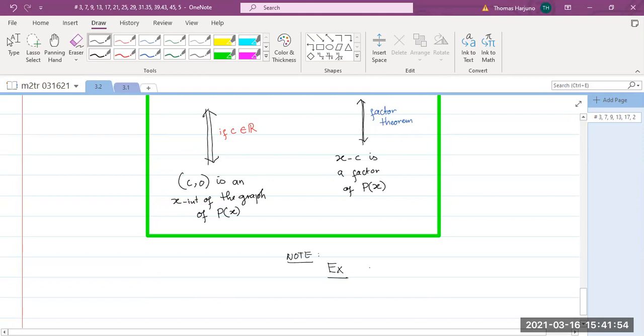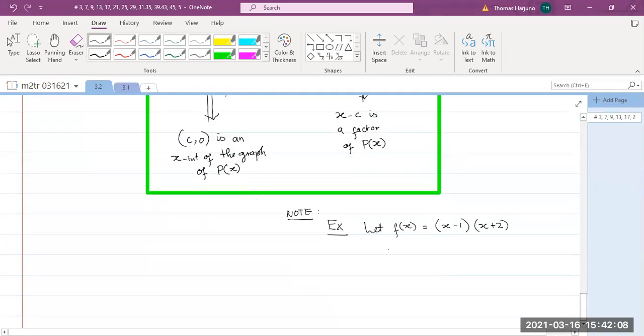Let f(x) equal (x minus 1)(x plus 2). Now, to find the x-intercept, notice we always do it this way: we set f(x) equal to 0, right?